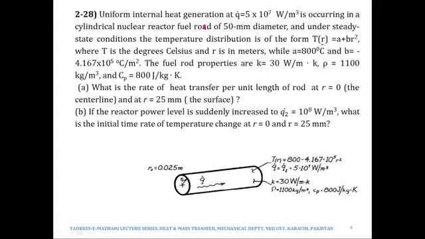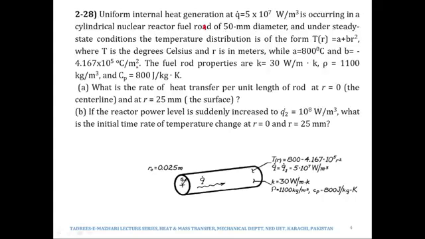And in this equation, T = A + Br², temperature is in degrees Celsius and r is in meters, where A is 800 degrees Celsius and B is -4.167×10^5 degrees Celsius per square meter.